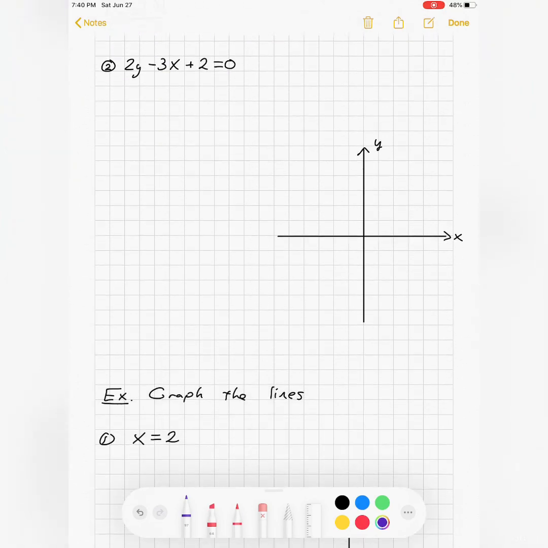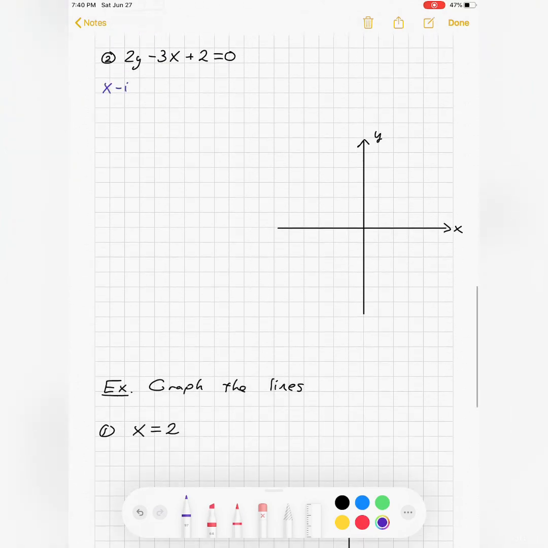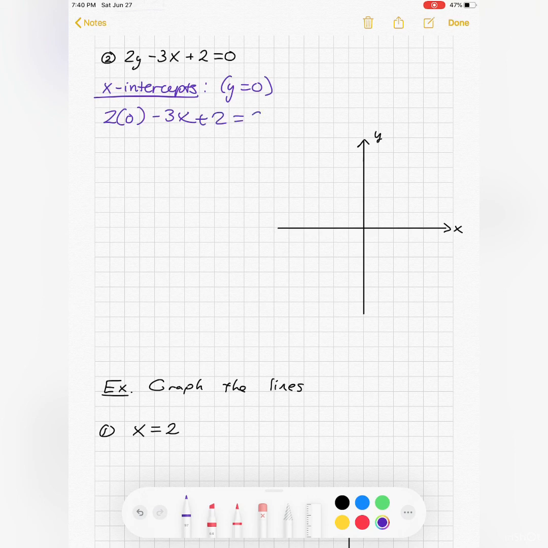Okay, let's do another one the same way. Set my y equal to 0. Divide.